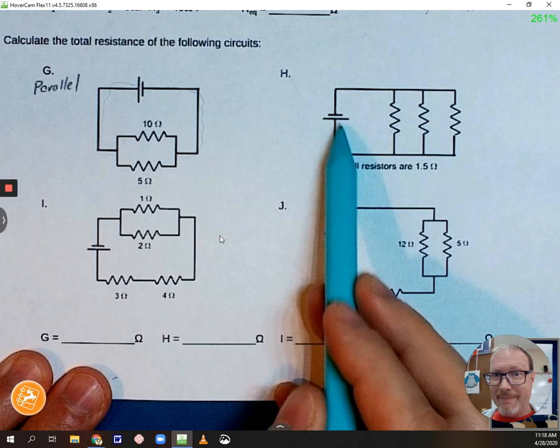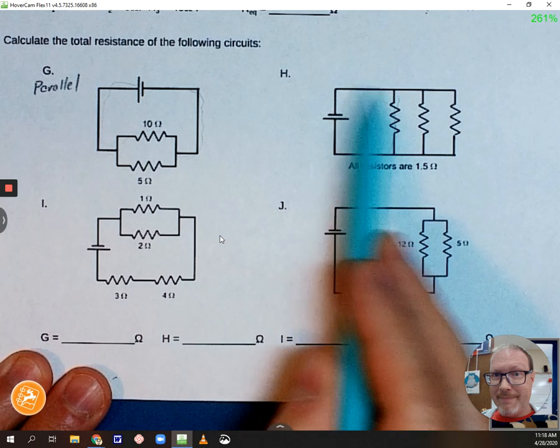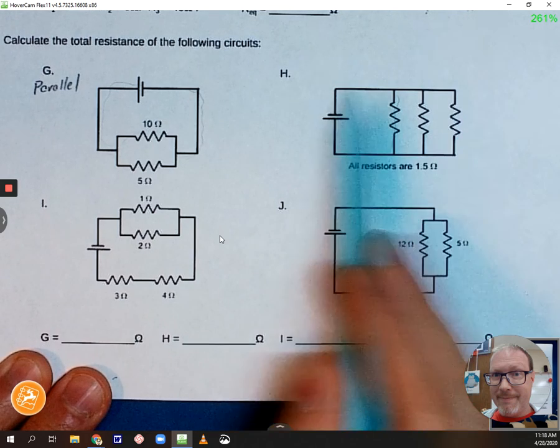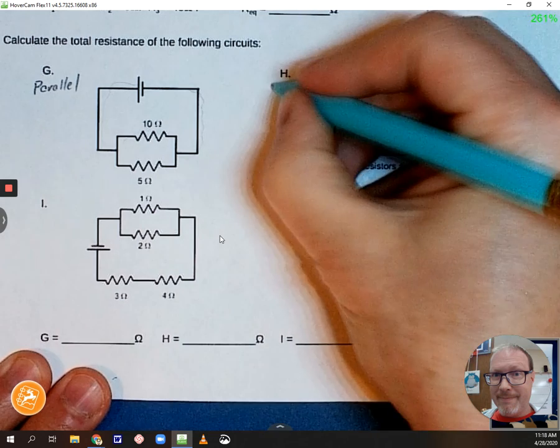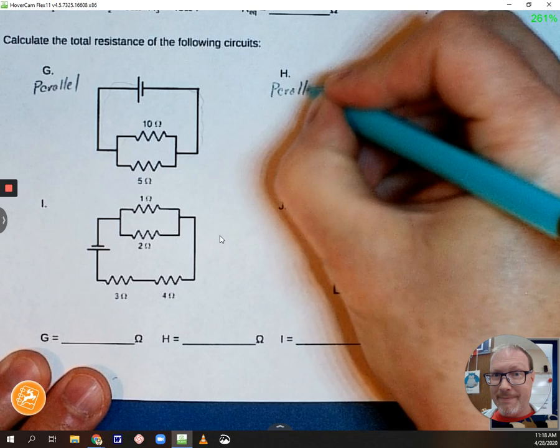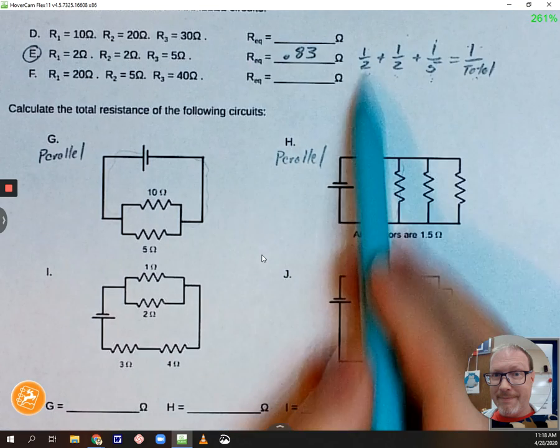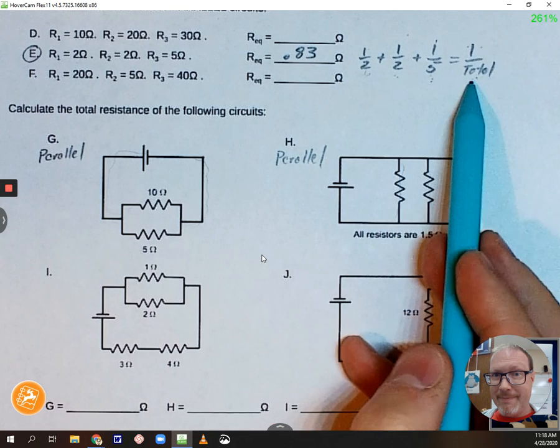Same thing over here with H. There's actually 3 different pathways it can take. So you're going to follow the rules for parallel, which is 1 over each one equals 1 over your total.